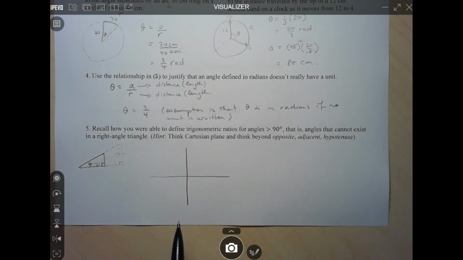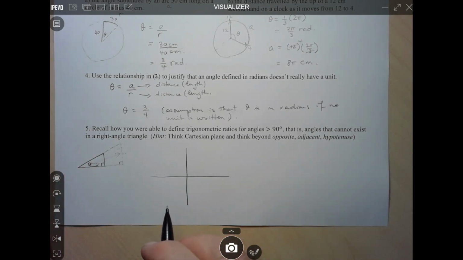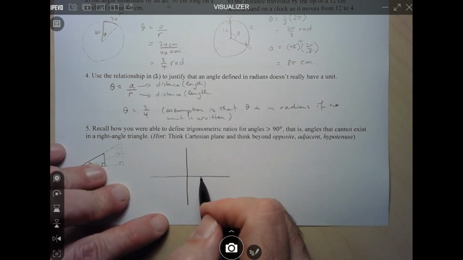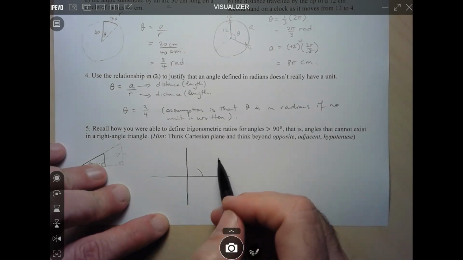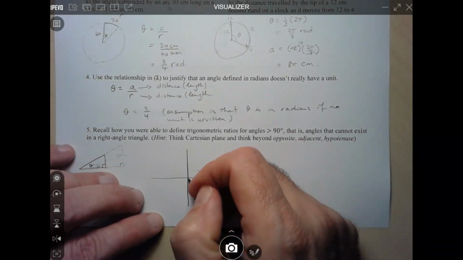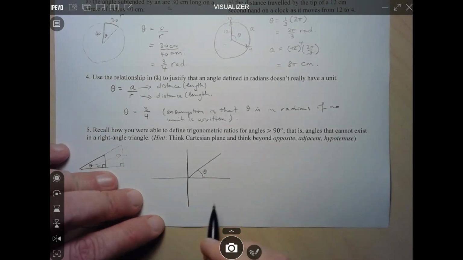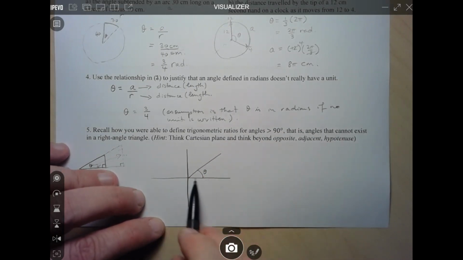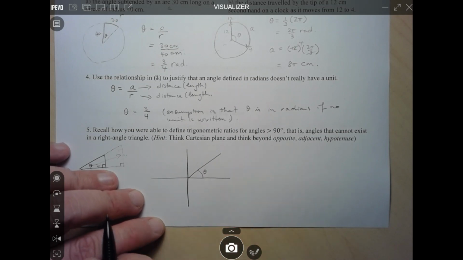So we just choose the positive x-axis as what we call the initial arm of the angle. And what we do is move counterclockwise, because we'd like to stay in the first quadrant for our nice acute angles. So here, if I draw this angle theta from my initial arm at the positive x-axis to what we call the terminal arm, it creates an angle.